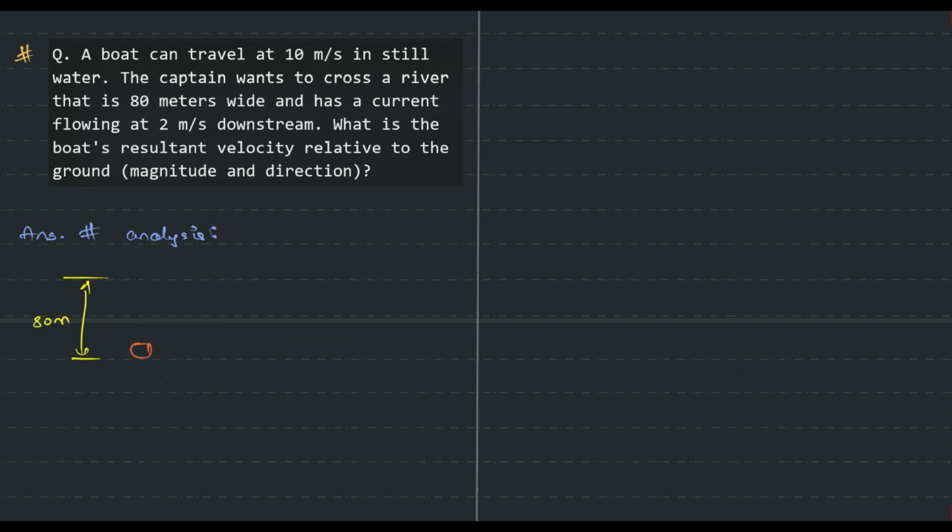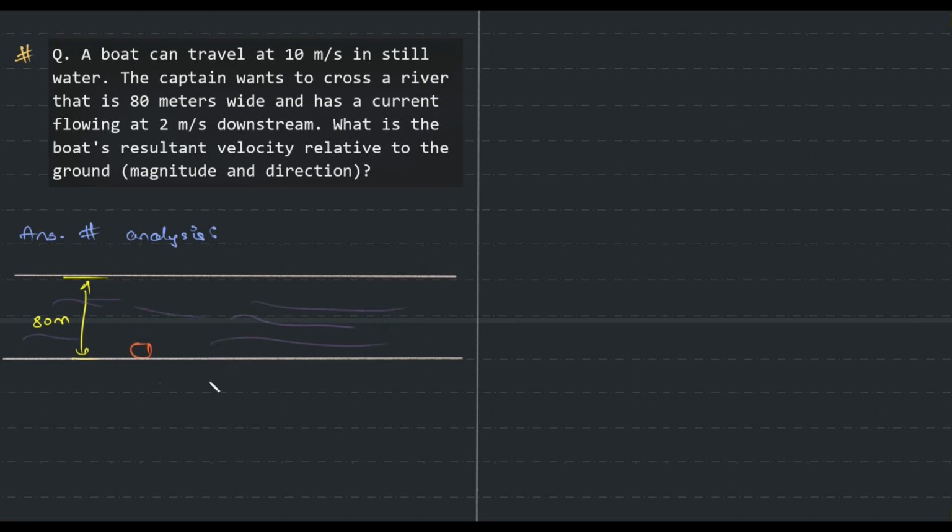So basically we are looking at something like this, and we have water flow. So we have this to be 10 meter per second, and we have this to be 2 meter per second.